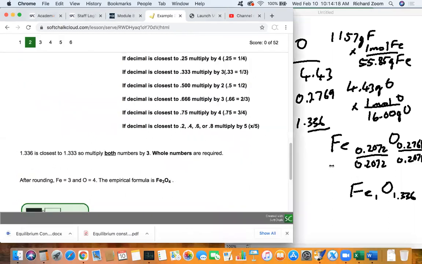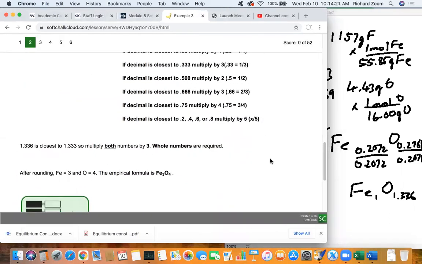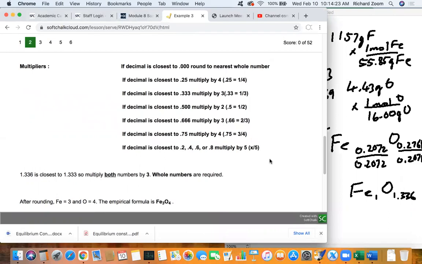These are relationships that you should already be aware of, decimal conversions of common fractions. So 0.25 is a quarter, 0.33 is a third, 0.5 is a half, 0.66 is 2/3, 0.75 is 3/4. And if it's close to 0.2, 0.4, 0.6, 0.8, then you can multiply by 5, because that would be like 1/5, or 2/5, or 3/5, or whatever.